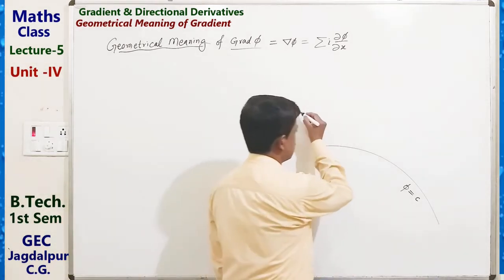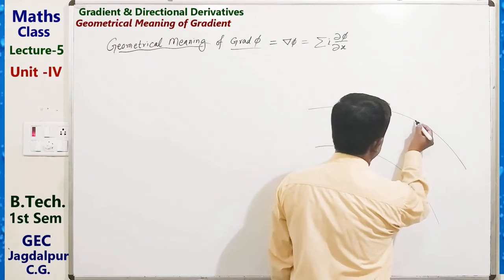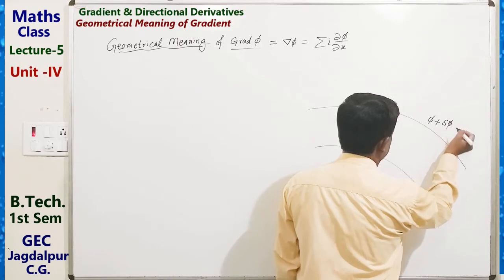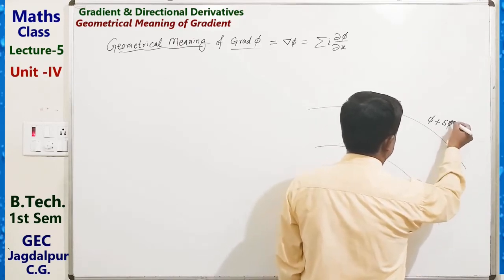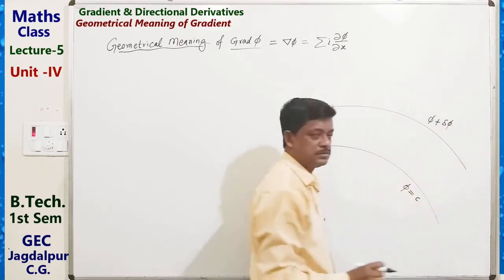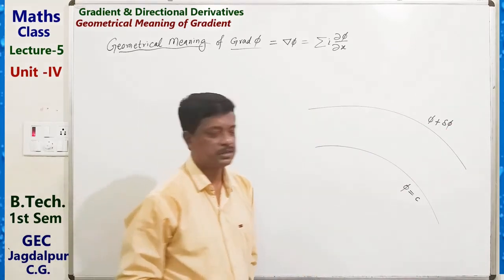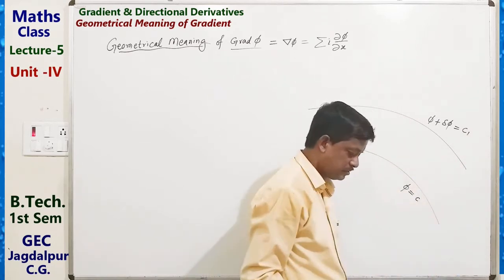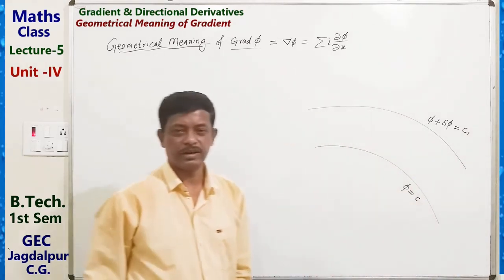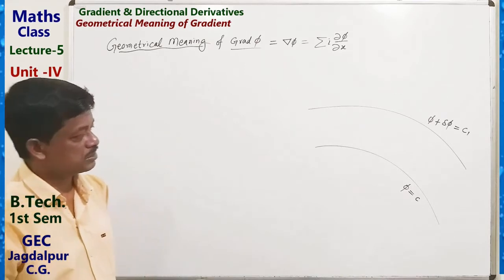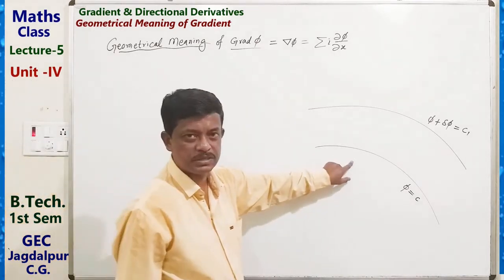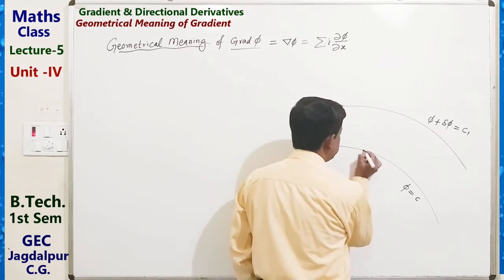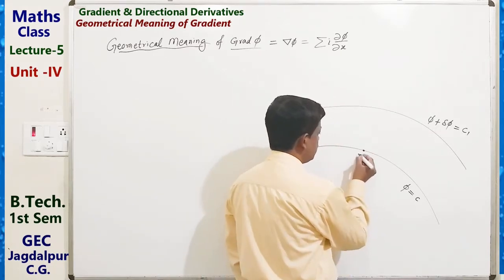And this is another level surface, phi plus delta phi equals c1, where we can take any constant. So this is a level surface and this is a level surface. Now suppose here is a point P.